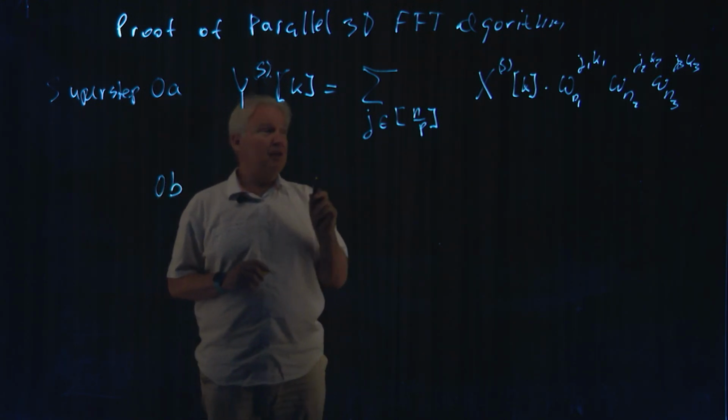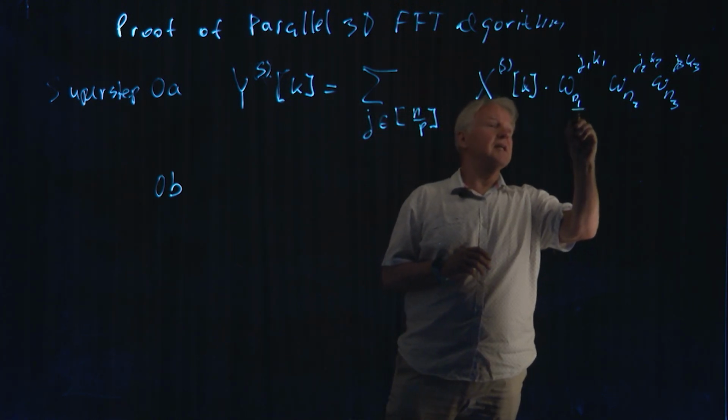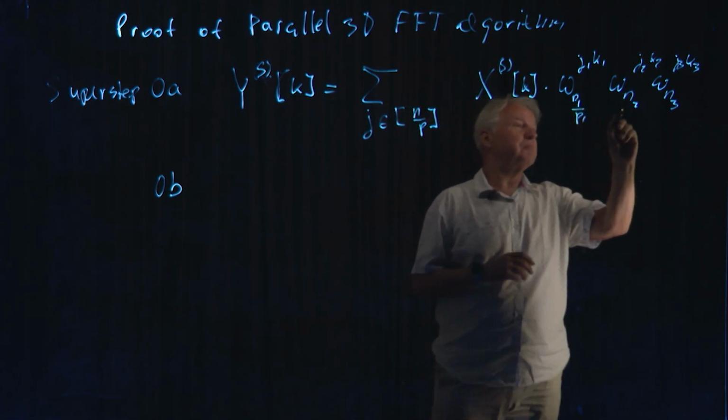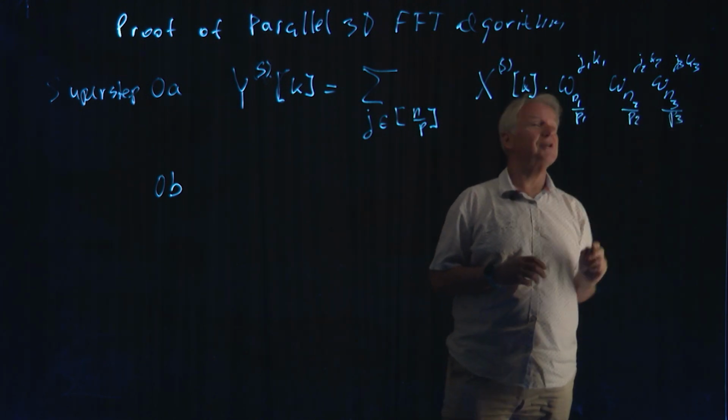Then we look at superstep 0b. By the way, it was length n1 over p1, n2 over p2, n3 over p3.